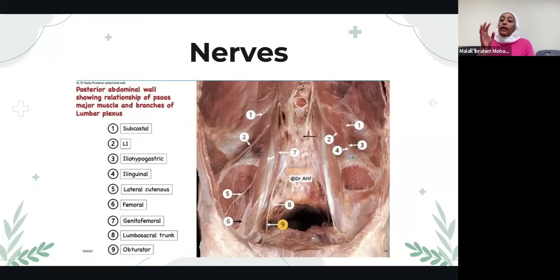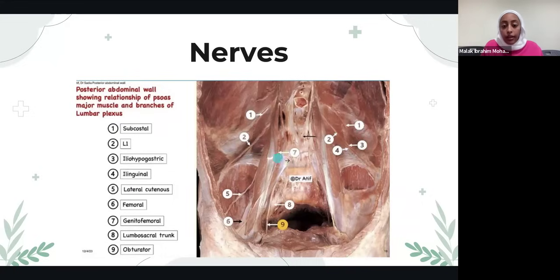However, in the exam, you can just say L1, without specifying iliohypogastric or ilioinguinal, because it's a bit difficult to know which is which. But if he gives you the same exact picture, then you should have memorized it. Number 3 here is the iliohypogastric, and number 4 is the ilioinguinal. However, if he just points at number 2, just say L1 to be on the safe side. And even if you say iliohypogastric or ilioinguinal, put in parentheses that it's L1.